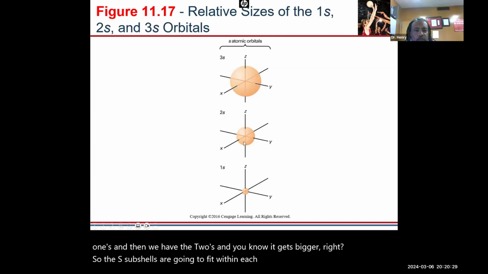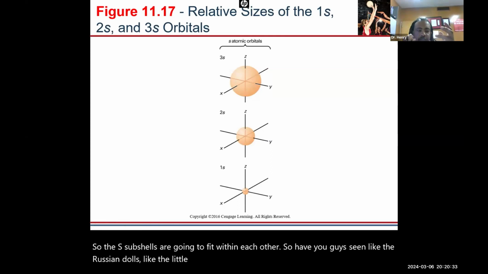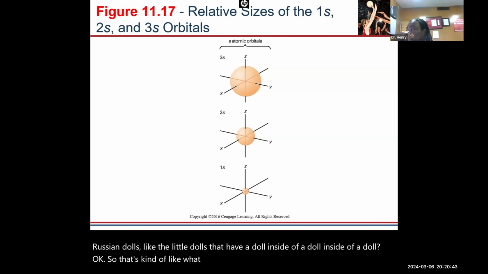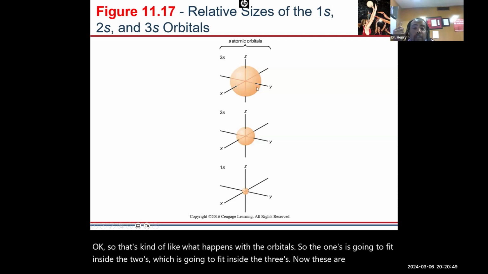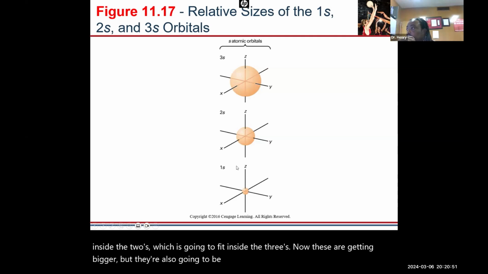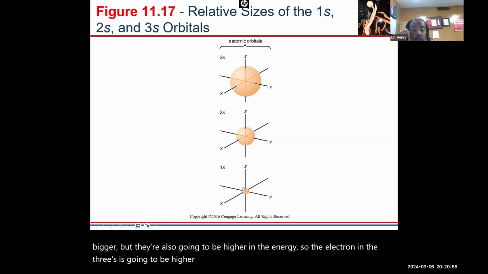Have you guys seen Russian dolls, with a doll inside of a doll inside of a doll? That's kind of like what happens with the orbitals. The 1s fits inside the 2s, which fits inside the 3s. These are getting bigger, but they're also higher in energy. So the electron in the 3s is going to be higher in energy than the one in the 1s.